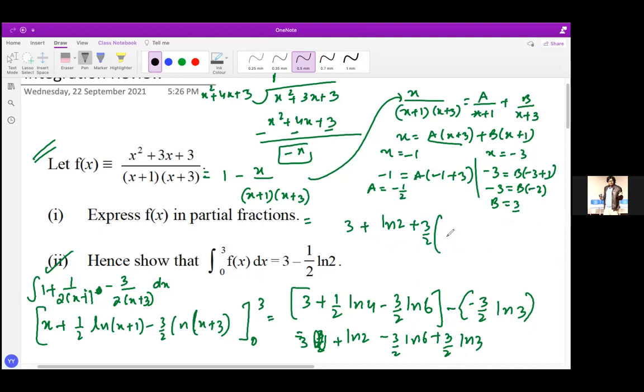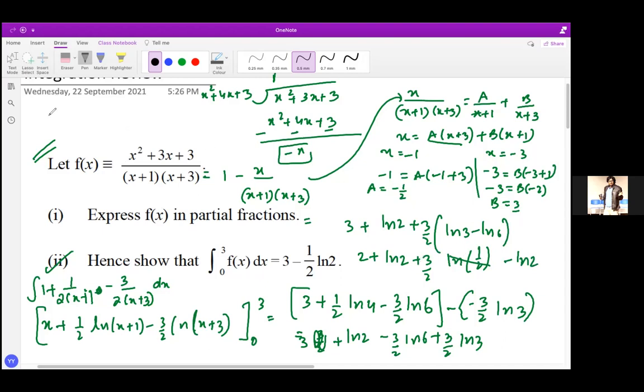So it becomes ln 3 minus ln 6, which is ln of 3 by 6, which is ln half. And ln half is nothing but negative ln 2, because if you take 2 up in the power, it'll become ln 2 raised to negative 1, and the negative can be brought down.